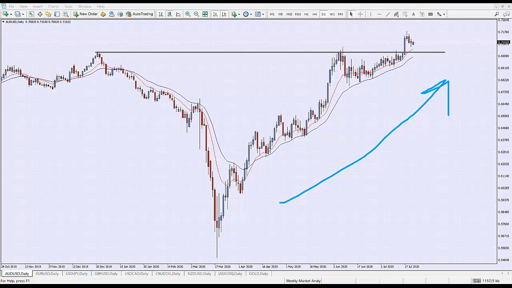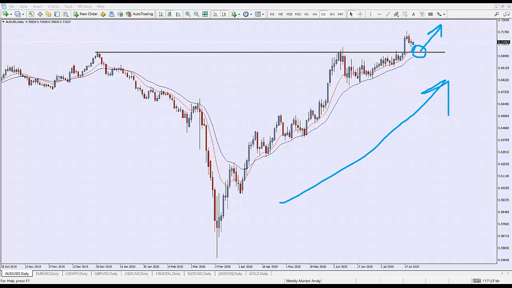So we're going to look for opportunities if we could possibly get a price action reversal somewhere sitting on this line, which could now be support. If we could get price action reversal to confirm in this direction, then I would happily become a buyer in this particular market. Okay, so this is what we're looking for, the Aussie US dollar.